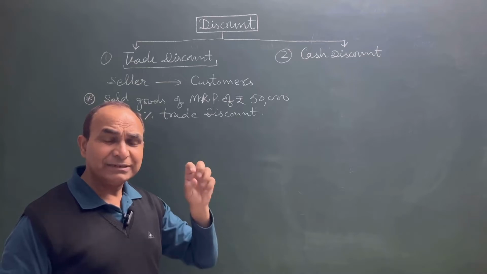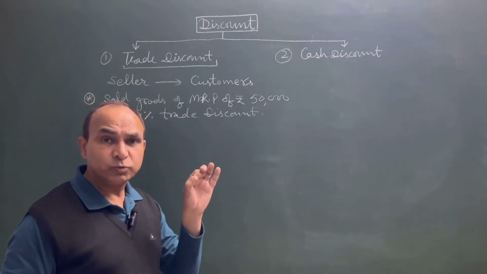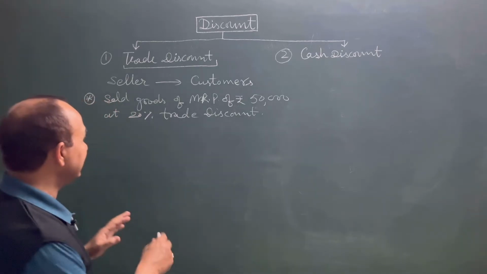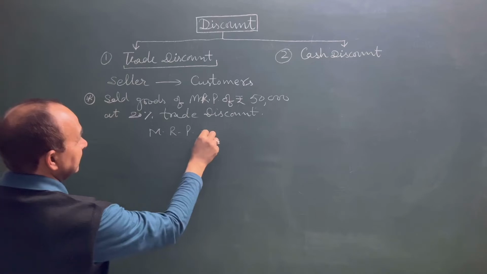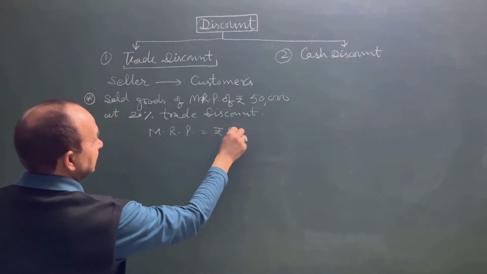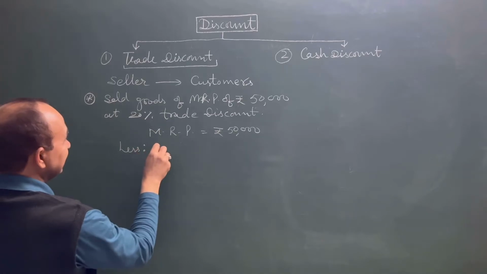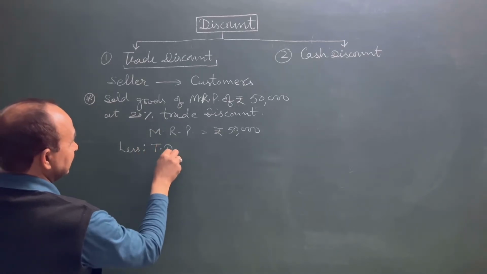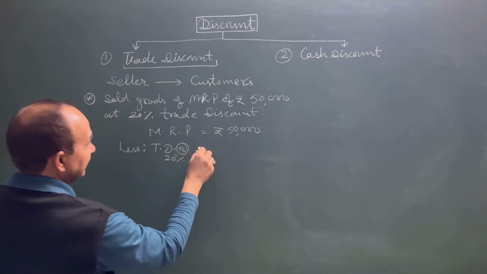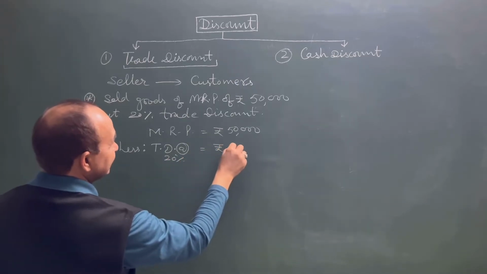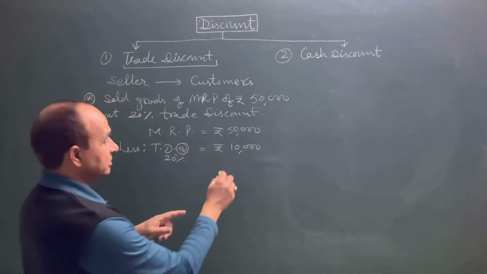Then what is our selling value, which is to be recorded through the books of accounts? See, MRP rupees 50,000, less trade discount at the rate of 20%, that amounts to rupees 10,000. 20% of 50,000.